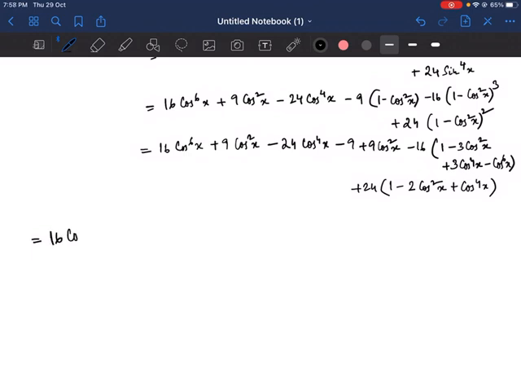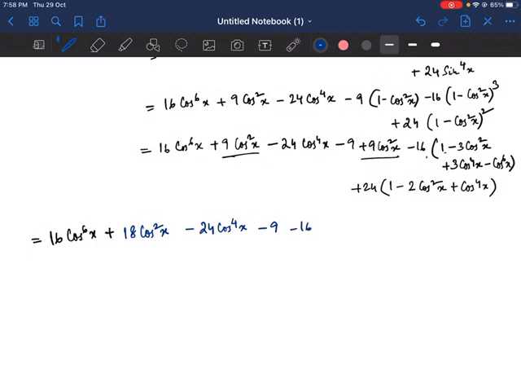So 16 cos to the power 6x plus 9 cos square x and plus 9 cos square x, they become 18 cos square x. Let us write that. Plus 18 cos square x minus 24 cos to the power 4x, then minus 9. Now here, let's multiply.